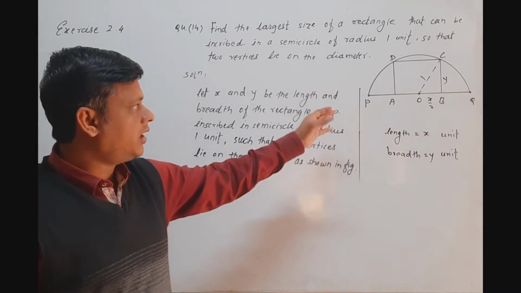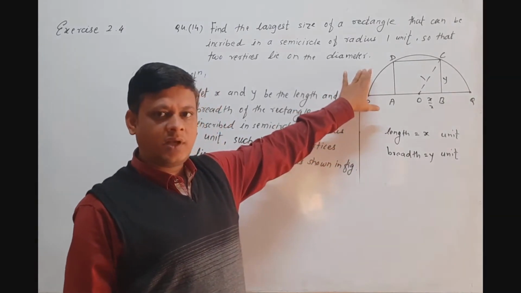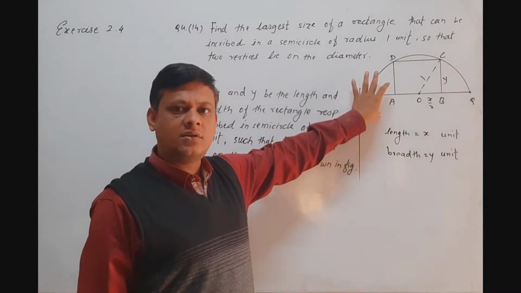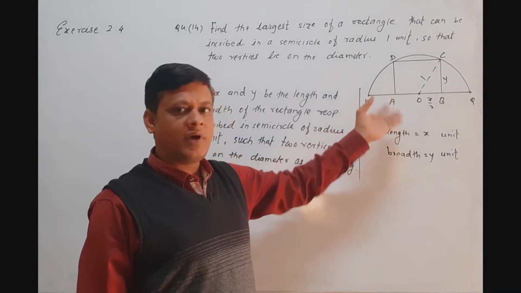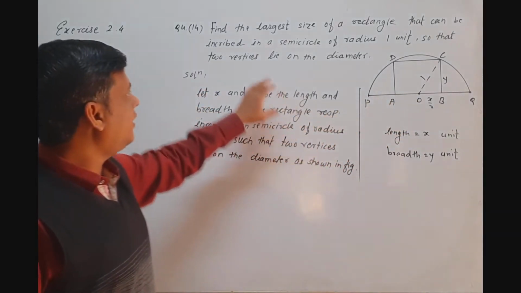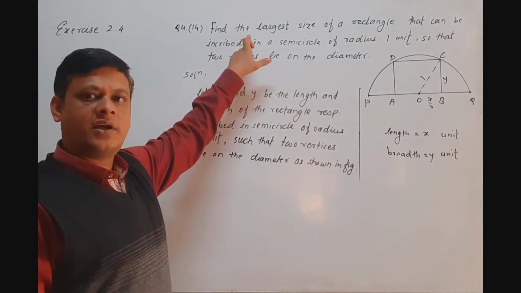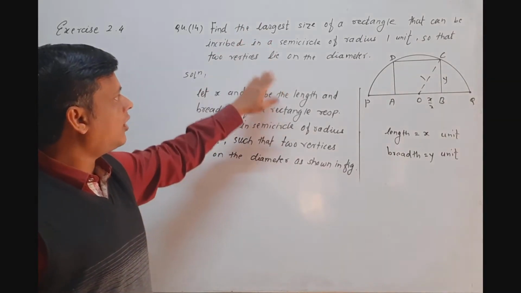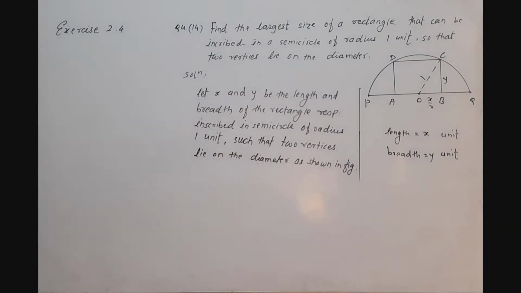So first we draw the figure here, and we have to obtain a relation from this diagram, y in terms of x or x in terms of y, and with the help of the area of the rectangle we find the function for the required solution.